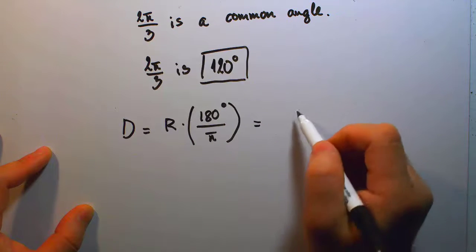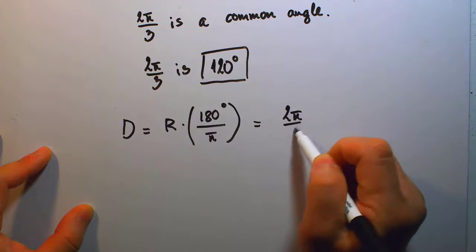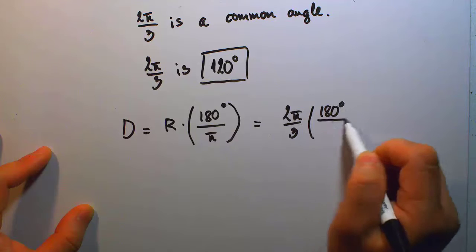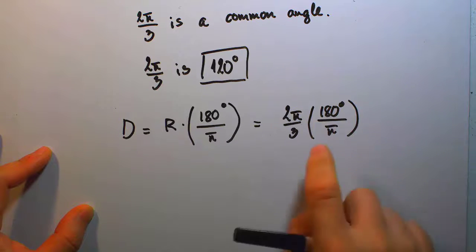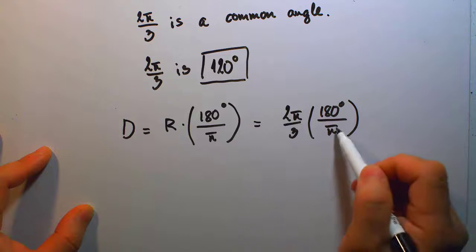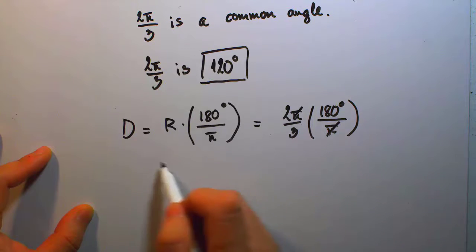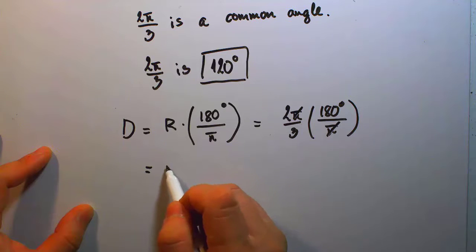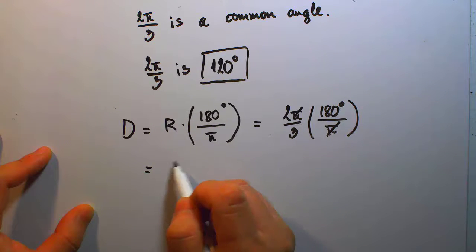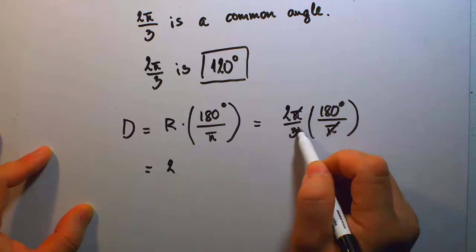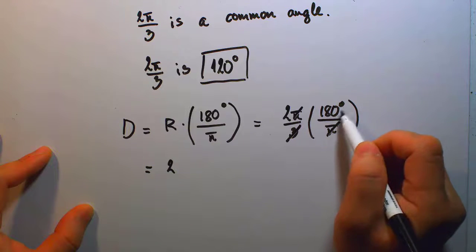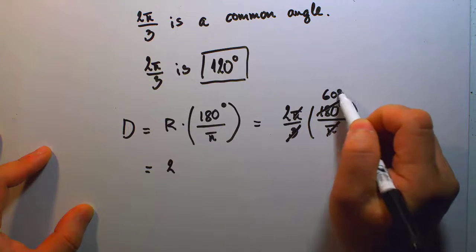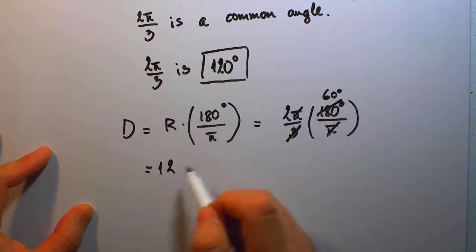And so my given angle 2 pi over 3, I am going to multiply by 180 over pi, and this will cancel my pi easily. Notice the 3 is also canceled with a common factor, and that leaves me 60, times 2. So this altogether is giving me 120 degrees.